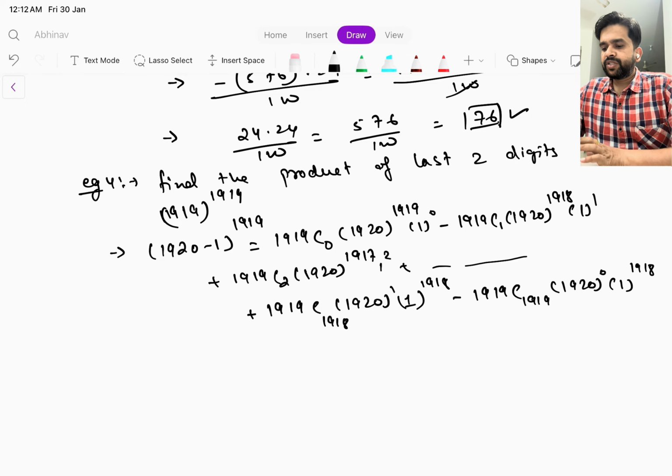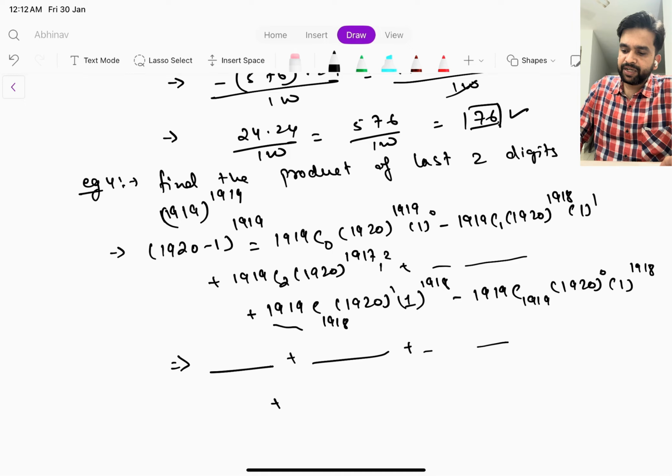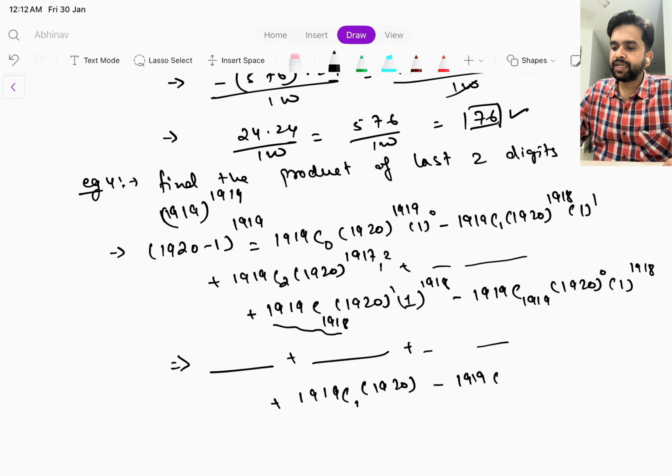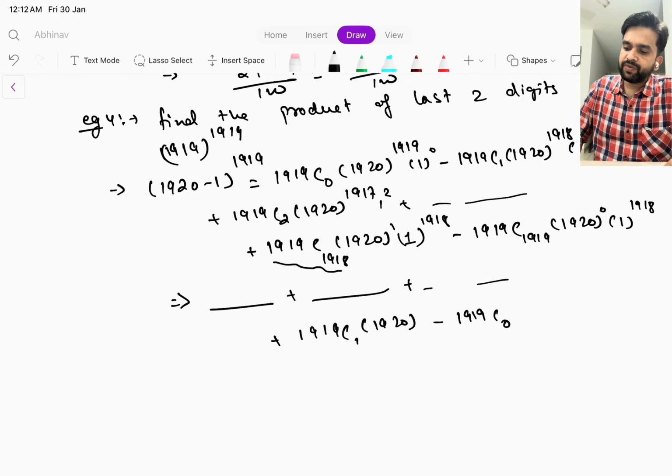Since all these numbers which are starting from the beginning will have very huge numbers in them, we don't need to calculate them. We'll just focus on the last terms. So 1919 C 1918 can be rewritten as 1919 C1 into 1920, minus the last term 1919 C 1919, which can be written as 1919 C0, because we know that nCr is equal to nC(n minus r), and this will be 1 and this will be 1.